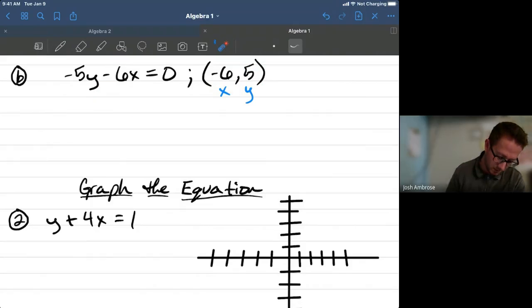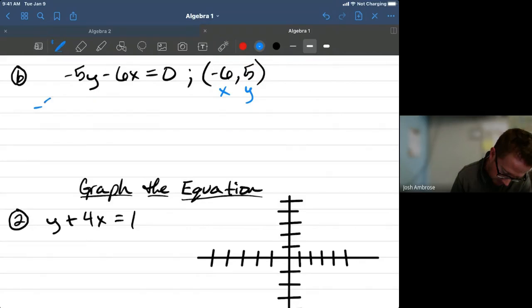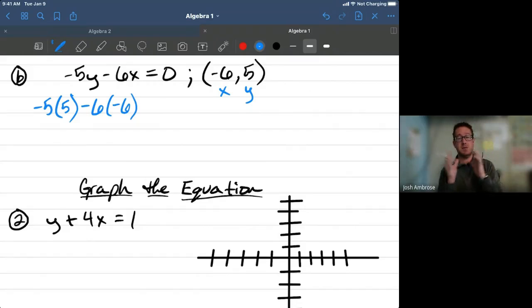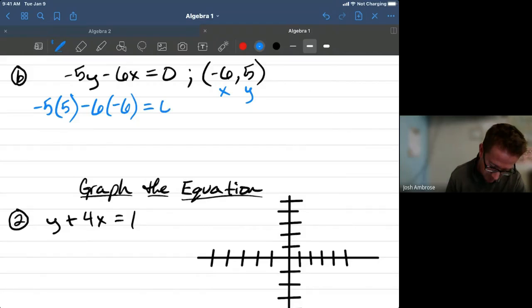All right, so let's write all that out. You have a -5 parentheses 5, because that's y, minus 6 parentheses -6. And remember, when it's right there next to it in parentheses, it's multiplication. Don't forget that. And we're going to determine if this in fact equals 0.